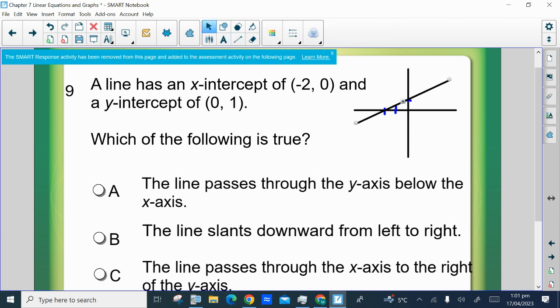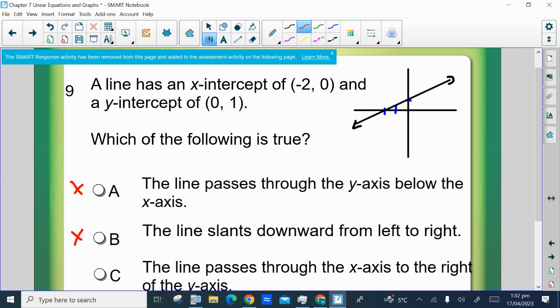So this line would look something like that. When we put our x-intercept of negative 2, comma 0 and our y-intercept of 0, comma 1, that's what the line would look like. The first statement says that the line passes through the y-axis below the x-axis. That's not true. It passes through the y-axis above the x-axis. So that is not a true statement. The line slants downward from left to right is what answer B says.